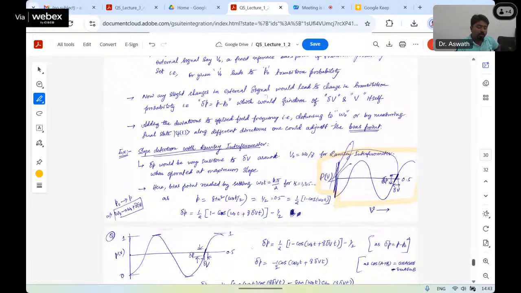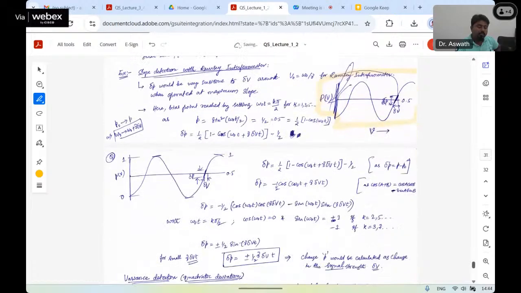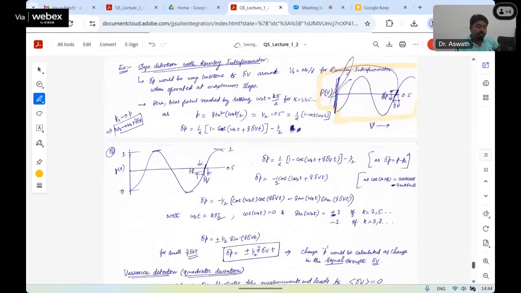In this case, I have a sinusoidal curve, this time as a function of V. If you carefully see, there are different slopes: a positive slope, a negative slope, and a zero slope.